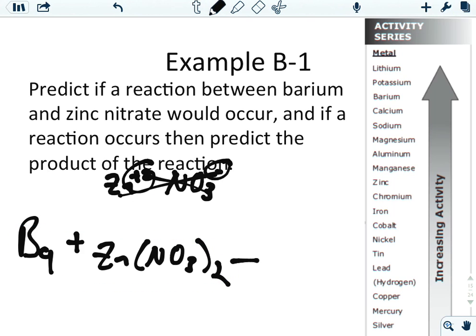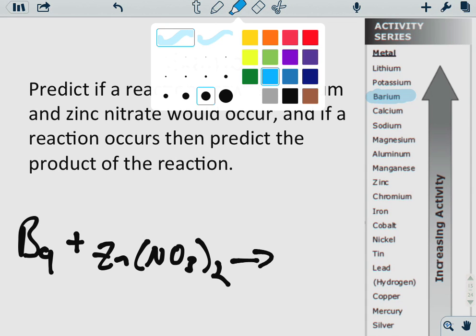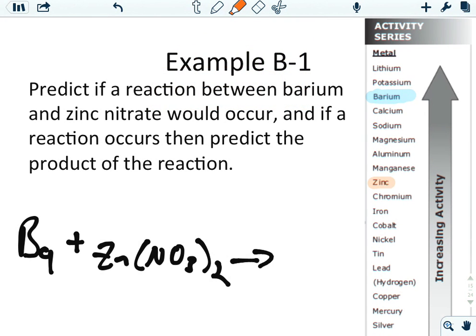So we're trying to look and see, will this reaction actually happen? When we look at it, barium, where is it? Barium is right there. Okay, and where's zinc? Zinc is way down here. So since barium is on top of zinc, okay, because we're looking at the metal, metals replace metals, non-metals replace non-metals, barium is on top of zinc, then the reaction occurs.